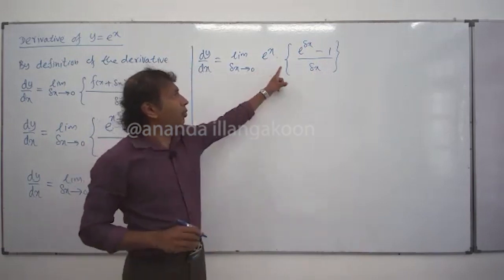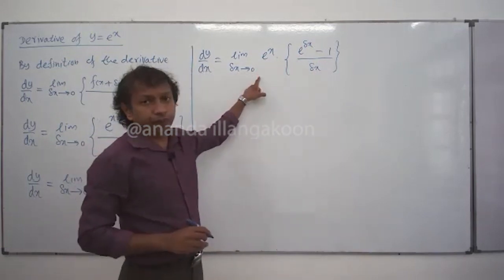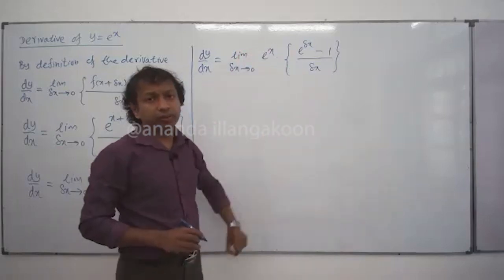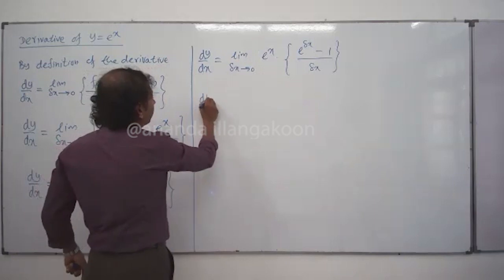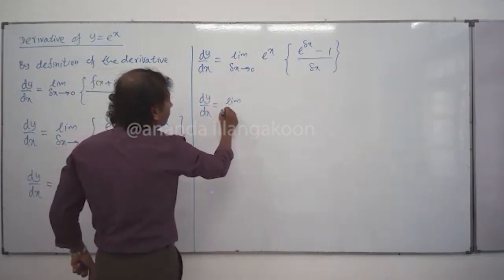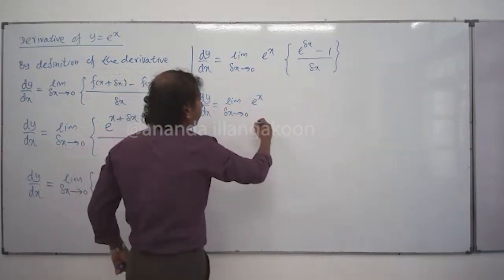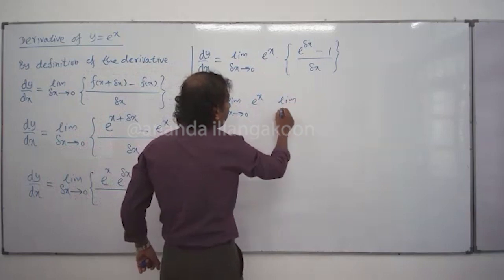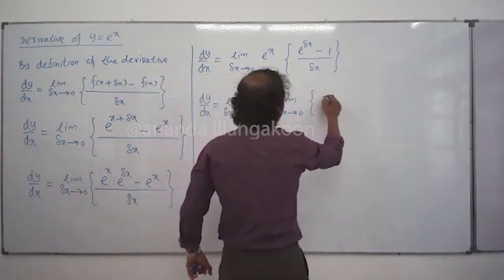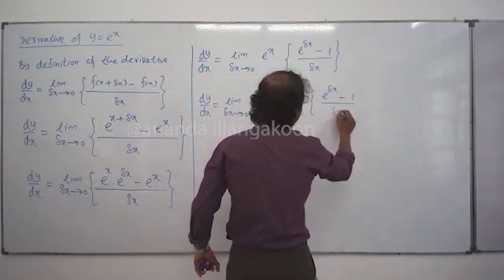Now people, here we have a product. Of this product we have to take the limit delta x going to 0. Then this limit delta x going to 0 we can apply to this separately and this separately. dy by dx is the limit delta x going to 0 of e^x times the limit delta x going to 0 of (e to the power delta x minus 1) divided by delta x.